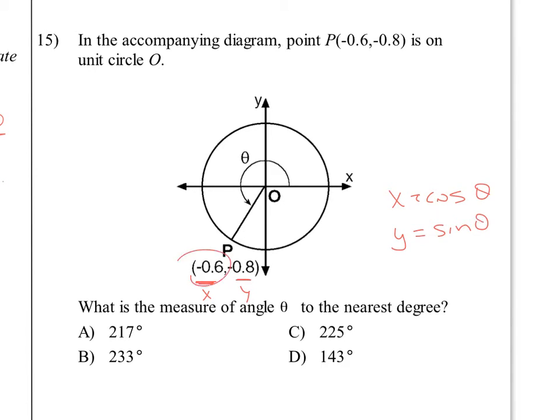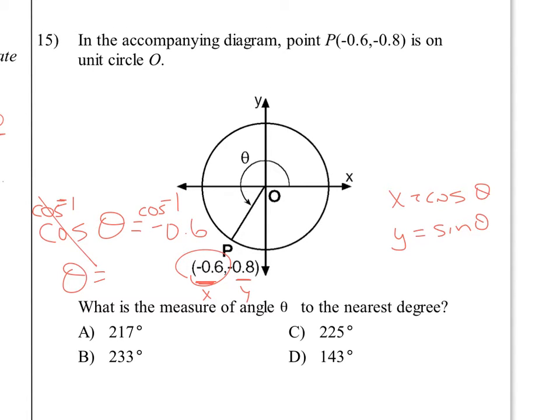So you know that the cosine of theta is equal to negative 0.6. I know how to do this. I'm just debating how to explain this to you. So negative 0.6, you have to hit the second button, so you have to do the cosine inverse in here.